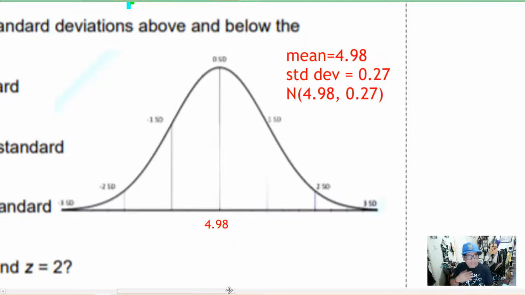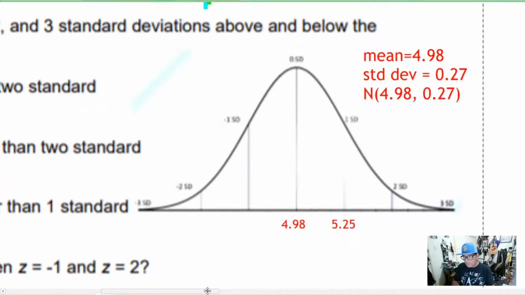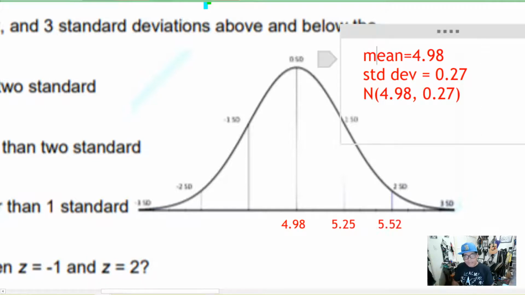So what we're going to do next is mark off on our chart one standard deviation to the right. So let's think, how much is 4.98 plus 0.27? Hopefully you said 5.25. Now let's add another standard deviation. What's 5.25 plus 0.27? That gets us 5.52. And we'll do that exercise one more time. 5.52 plus another standard deviation will be at 3 standard deviations, and that's 5.79.